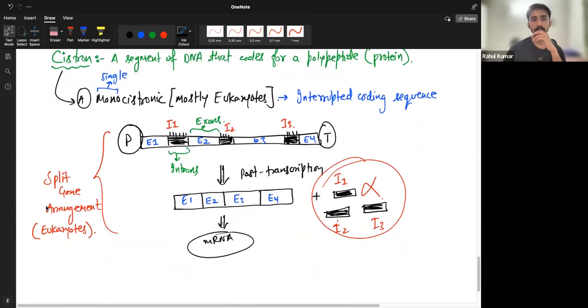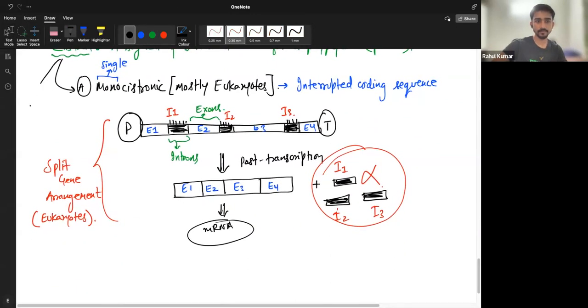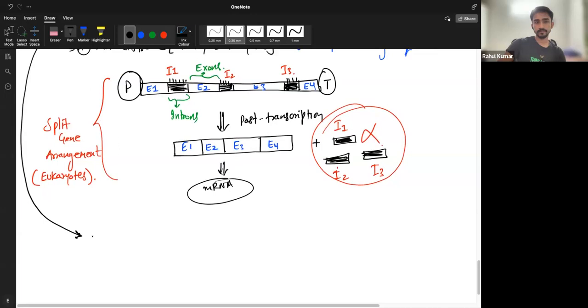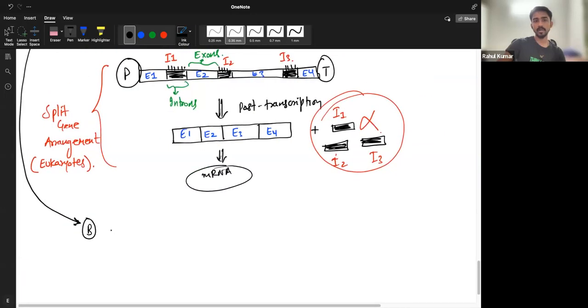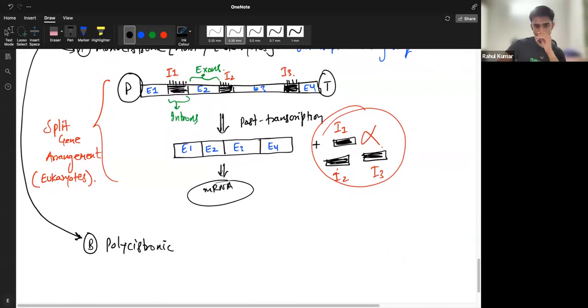Okay. Now the second type of cistron is called polycistronic arrangement. A polycistronic structural gene. And this is present in prokaryotes, like a bacteria.